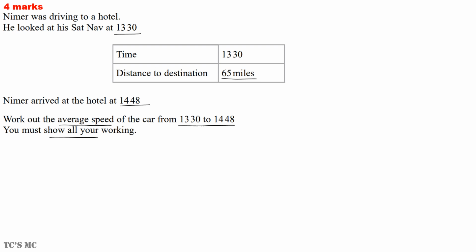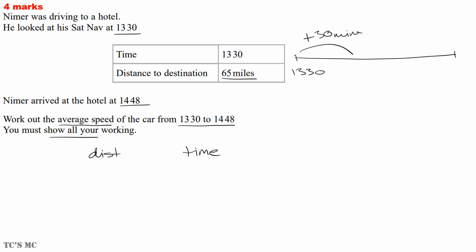To work out speed, we need distance and we need time. We know the distance, but we do not know the overall time. So that's the first thing we are going to work out. I'm going to use my number line method. I've got 13:30. If I add on 30 minutes, that will take me to 14 o'clock.